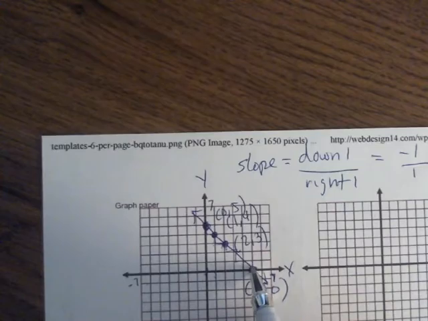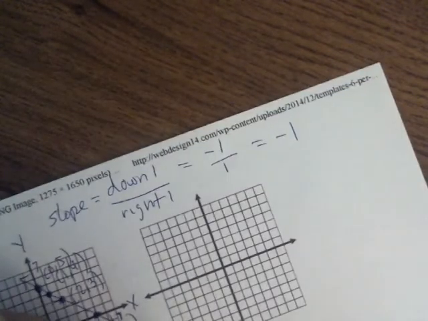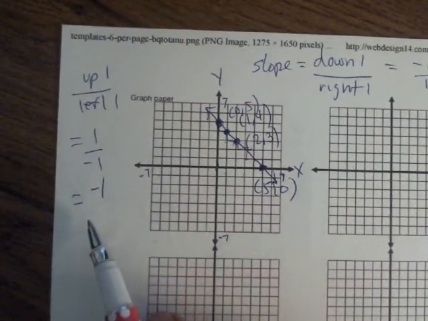So in this case, I would go up 1 and left 1. Well, up 1 is positive, left 1 is negative. So it still works out to be -1 slope, however you look at it.